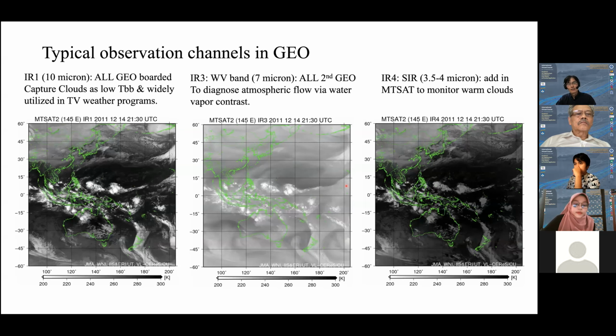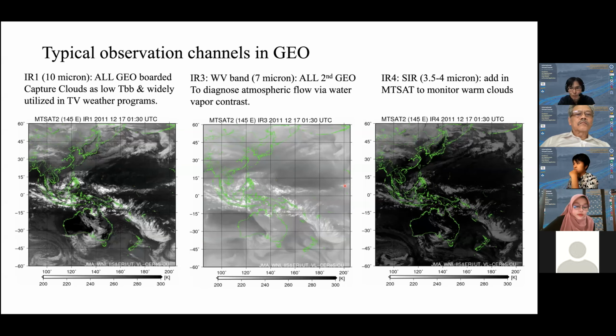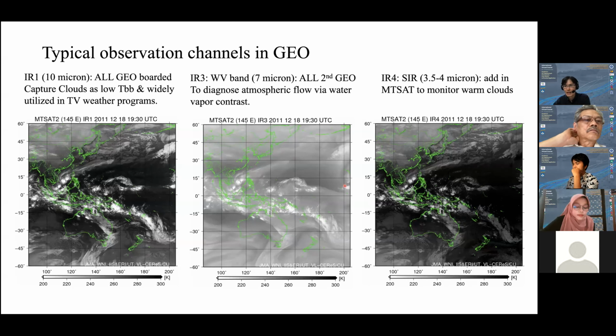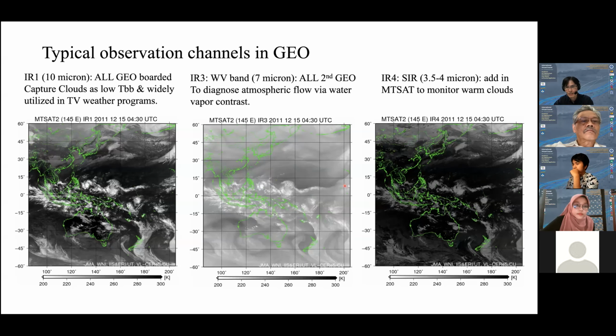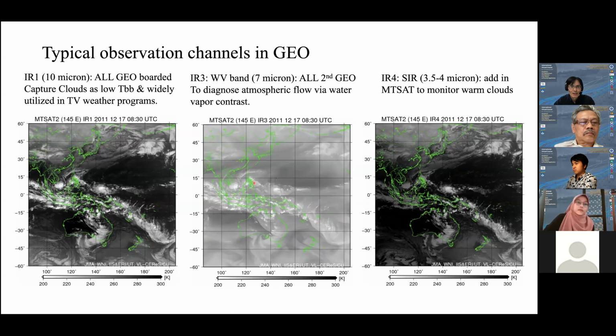If you watch the 7 micrometer movies carefully, compared with the 10 micrometer movies, it is easy to imagine how the atmosphere moves by the proxy of water vapor. Here it rotates like this. Here it is moving; the atmospheric motion is like this.